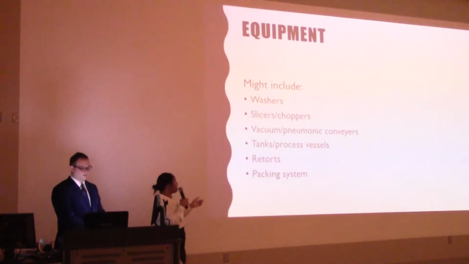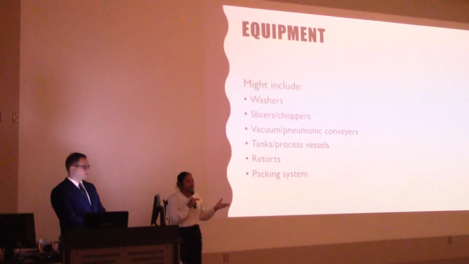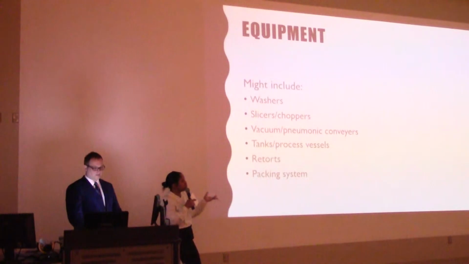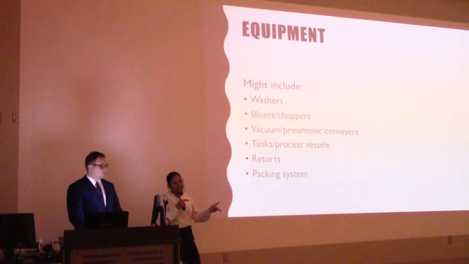And then you have the retorts, which you can refer to as an autoclave. And then you have the packaging system, which is a manufacturing system where they'll do the filling and the fastening.